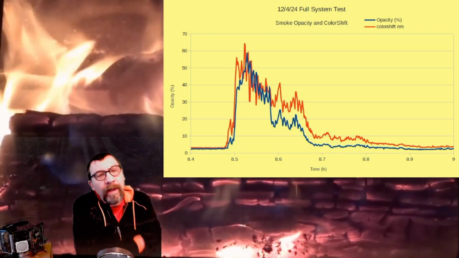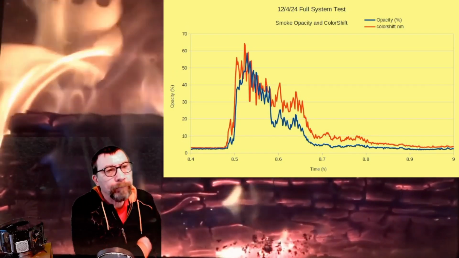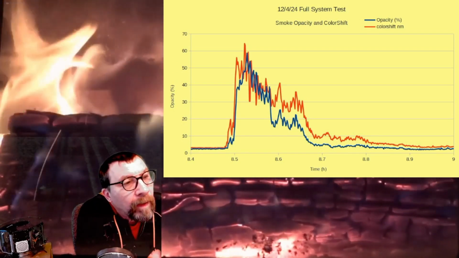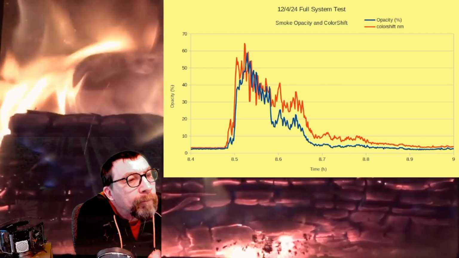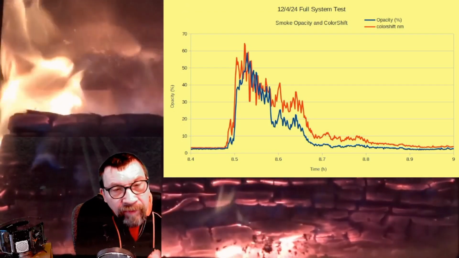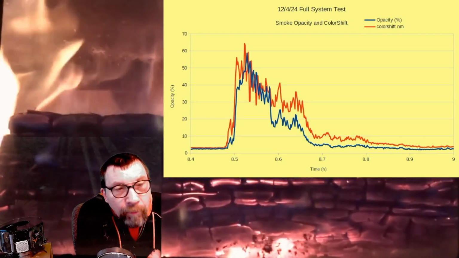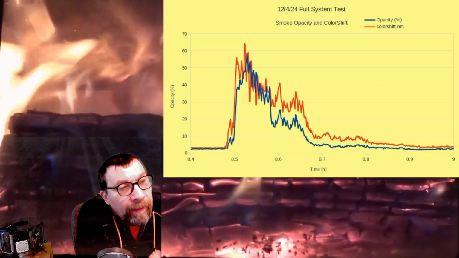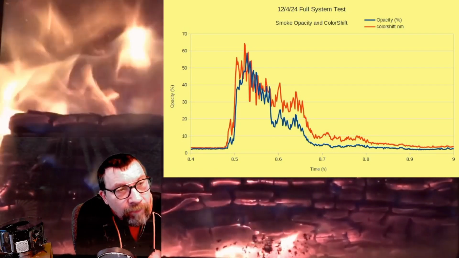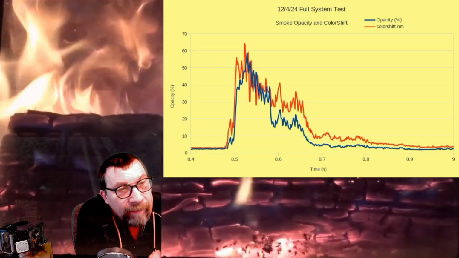So this gives a good idea of how much time a piece of wet wood contributes to smoke production. From, I'm going to say, 0.5 to 0.6, that's 6 minutes of pretty darn good smoke output, and not one data point under 20% for that.